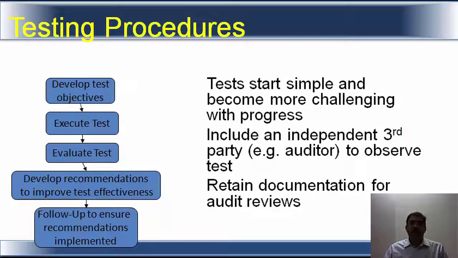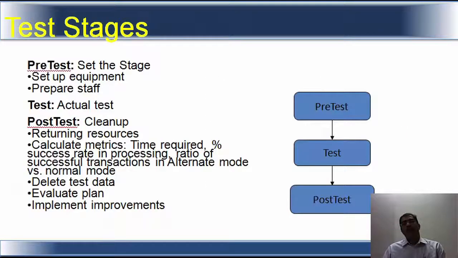Now, the testing procedure is: first you develop the test objective, you execute the test, you evaluate the results of the test, you develop recommendations to improve the test effectiveness, and then you follow up to ensure that the recommendations are implemented. What are the stages of the test? There is a pre-test, a test, and the post-test. So pre-test is set the stage.